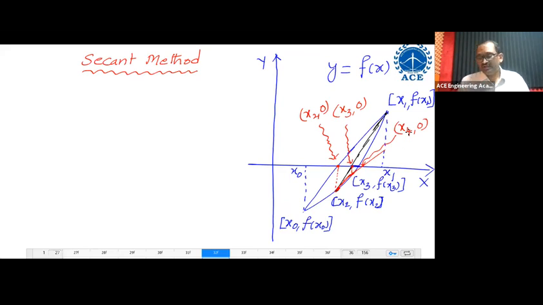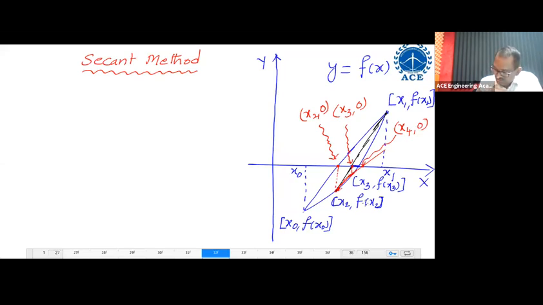Now, listen to me. Secant method does not guarantee the right answer. The reason is, look here everyone, every time you are drawing one secant line, now this secant line is passing through x2, x3. This secant line where it crosses the x-axis will be your next approximation.